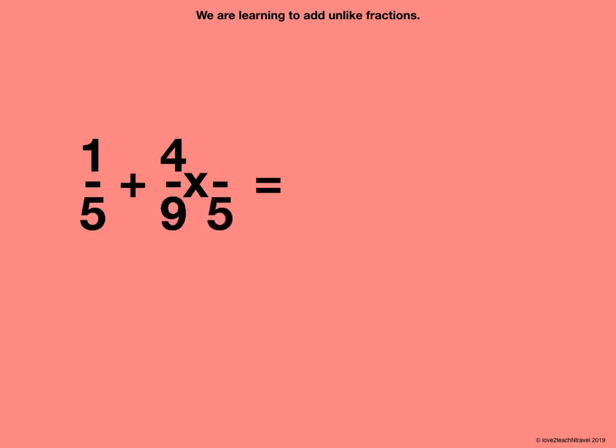It's like I'm taking a 5 from that denominator, and then the top number also needs to have a 5, so I'm not changing the value of 4/9. Now on the other side it's the same. I need to multiply this fraction by 9 over 9.